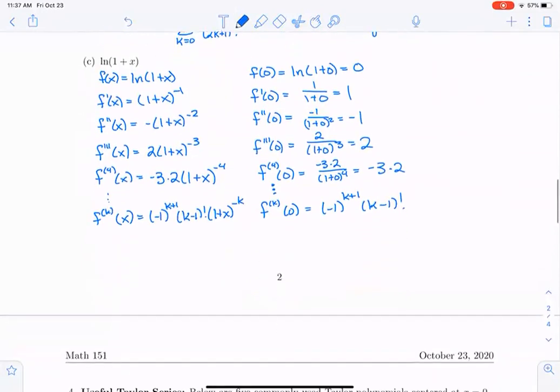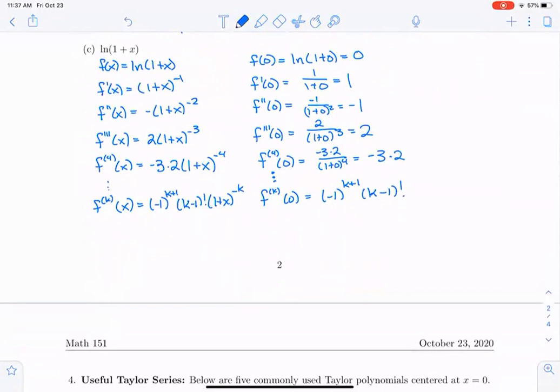I'm going to put this into the formula for the Taylor series. So we have that f of x is equal to the sum from k equals 0 to infinity of negative 1 to the k plus 1 times k minus 1 factorial over k factorial, times x to the k power.